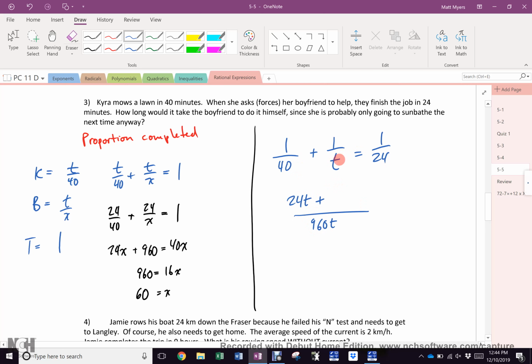He needs the what? 960 equals, what's this guy need? 40t. Is it all over common denominator? Is it the same as this now? So we would just solve it. We would still get 60 equals t. Is everybody good? Anytime you're mixing anything, that's how you do it. Okay?